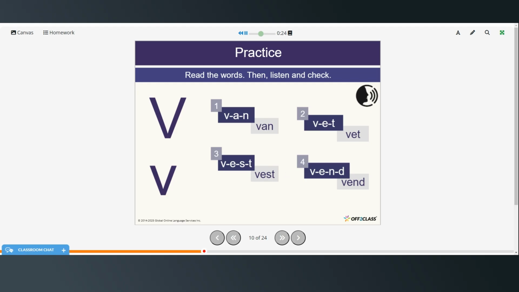Vet. V, e, s, t. Vest. V, e, n, d. Vend.